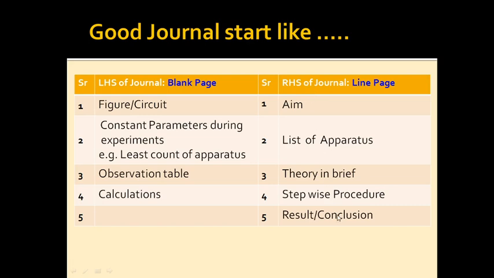A few teachers may allow you to write the result on your left hand side. So it is up to you and the methodology of the teacher which you adopt, but especially for result and conclusion, either you can put it left or right, it does not make too much difference. But these 4 topics should be on your left hand side, and the first four topics should be on your right hand side.